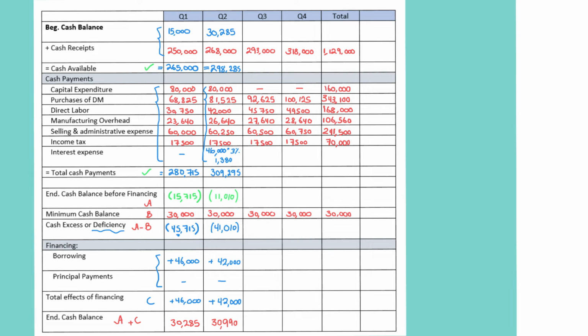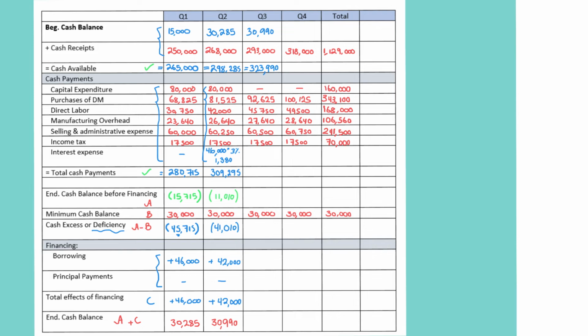So beginning of quarter 3 will be 30,990. I need to add it to the cash receipts to get cash available, which is 323,990. Okay, so now these are my payments. I need to add the interest expense since I have borrowings, I have loan.